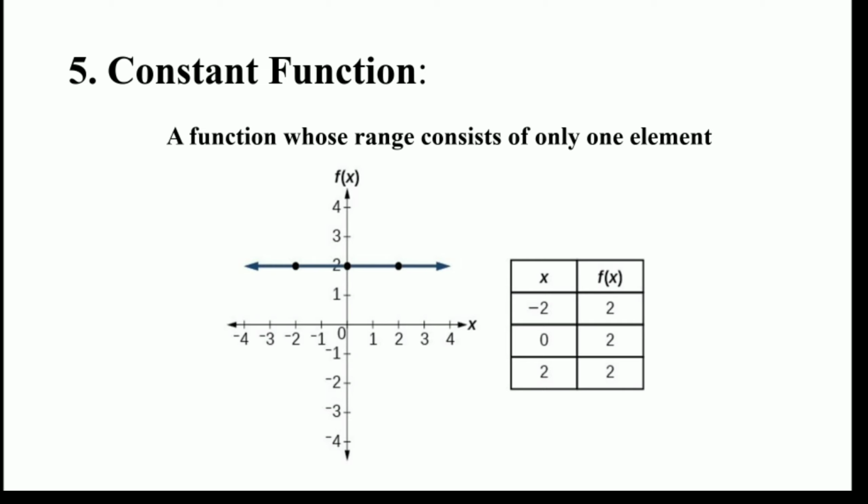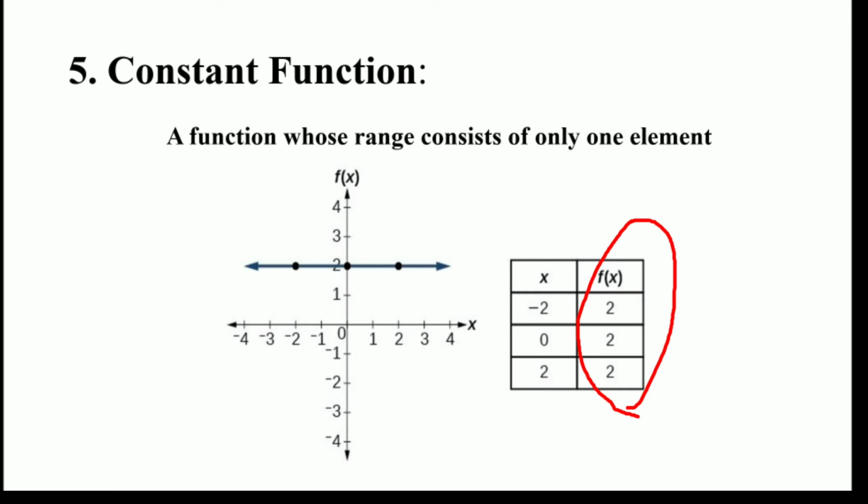Look at this example where the domain, that is the x values, is minus 2, 0 and 2. But look at f of x, that is the range, which has only the same value of 2 for every input value.